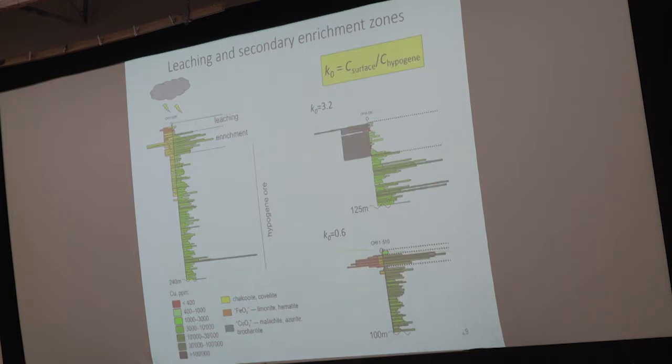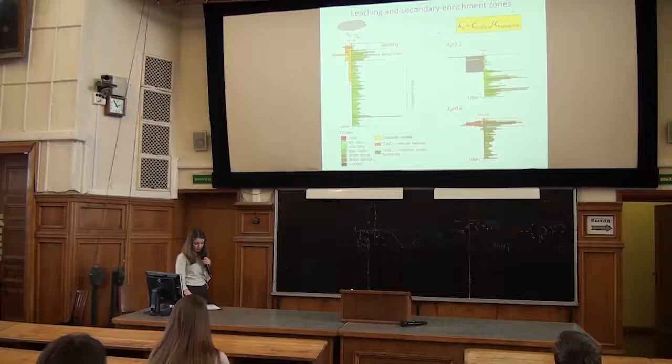As you can see, just under the surface, there is a low-grade interval called leaching zone. Leached copper migrates from here downward and forms secondary high-grade sulfides. Below this enrichment zone, there is an interval of hypogene ore. So this surface interval is a substrate for secondary halos.